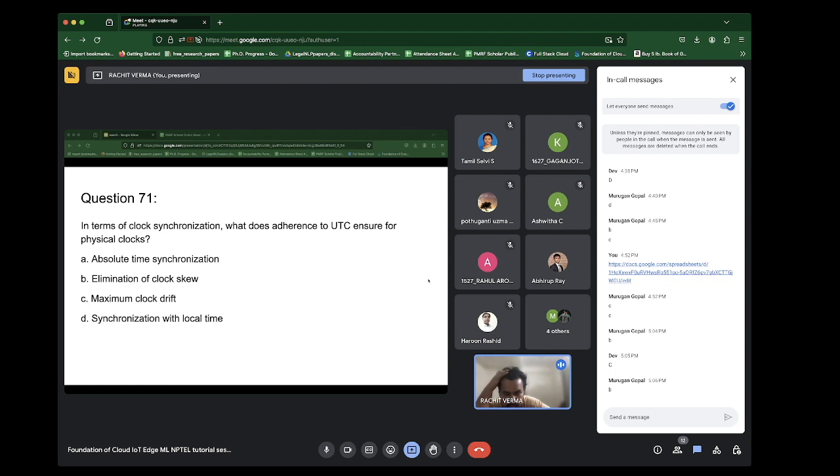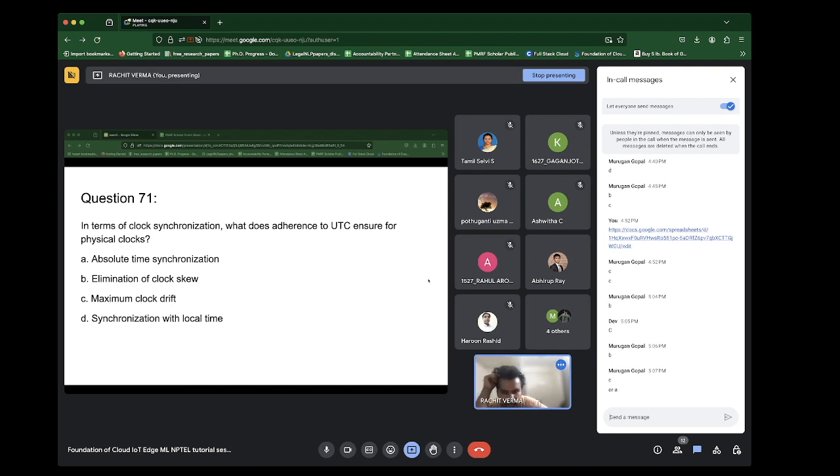So, okay, I think A would be the most accurate answer. Obviously, if all of them are coordinated or adhere to UTC, that would indirectly also eliminate clock skew, right? And we cannot say anything about the drift, right? Because there's a possibility that the clocks may drift in the future, and the skew may increase because of the drift. So C is the wrong answer.